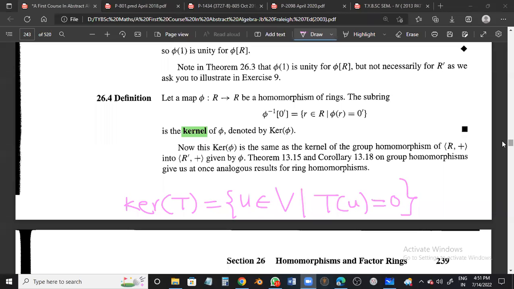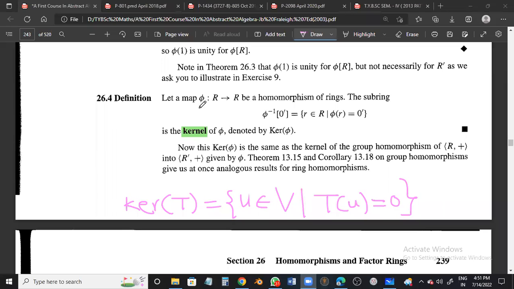Doesn't matter, but whenever you learn things, you just go on updating yourselves. It's an important thing. Once you learn a thing, that is actually a step to proceed ahead. So never forget the things. These are important things. By kernel, what do we mean? Those elements which are mapped to zero, that is known as kernel.